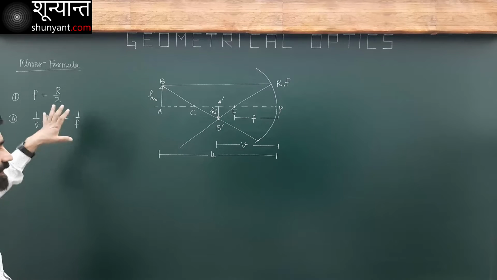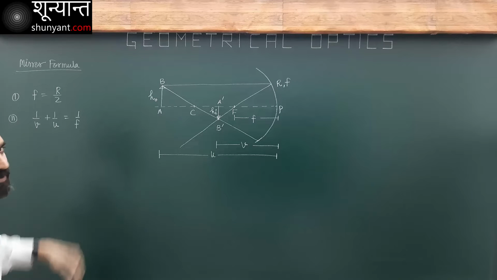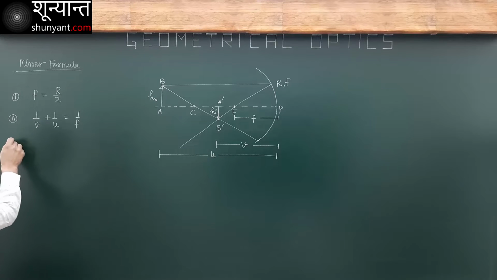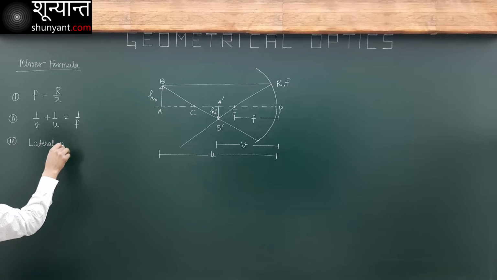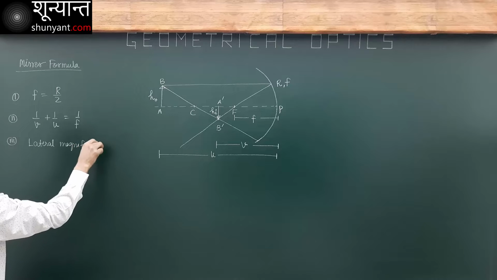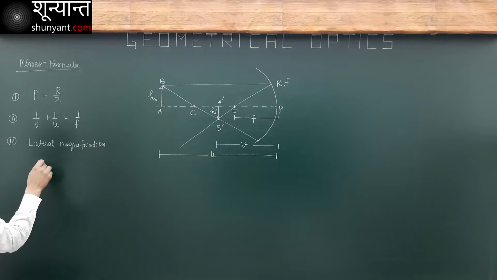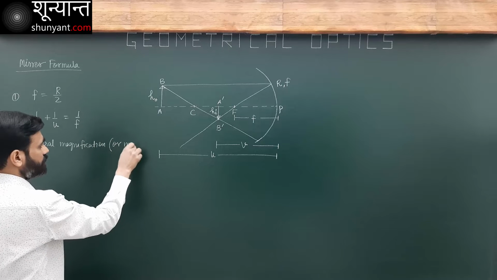I'm just writing it here in one place because we are going to do problems using these formulas, these relations. And the third one is we define magnification, lateral magnification, M or only magnification.